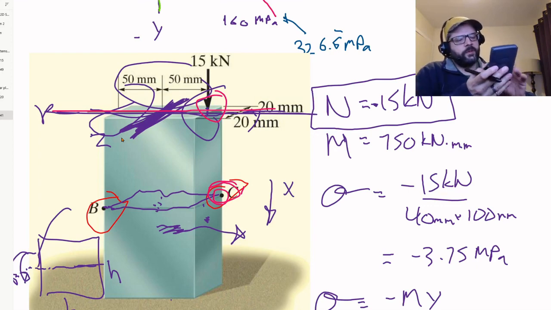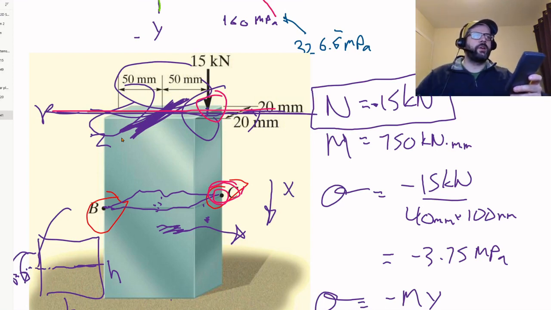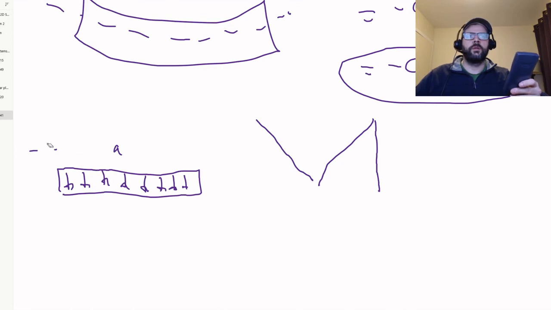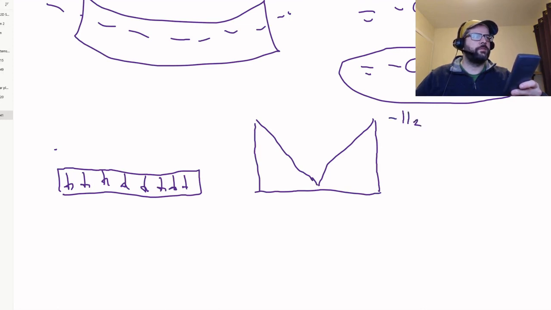So negative 0.225 megapascals per millimeter times 50 millimeters gives us negative 11.25 megapascals.